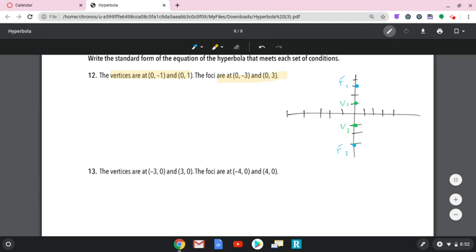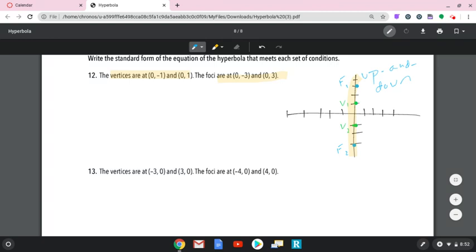What I would know here is that I have a vertical transverse axis. That tells me I have an up and down hyperbola. If it was a horizontal transverse axis, then I would have a side to side.